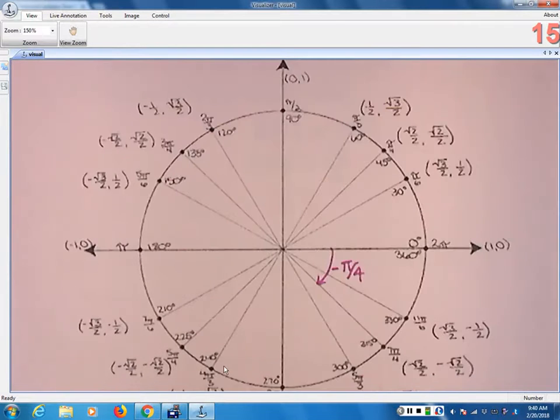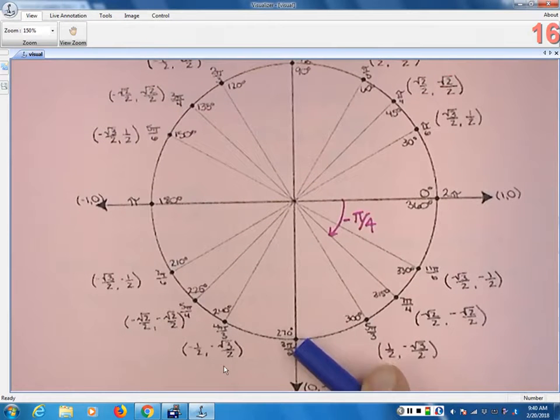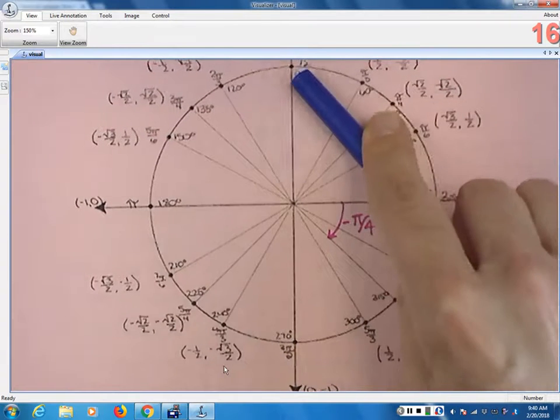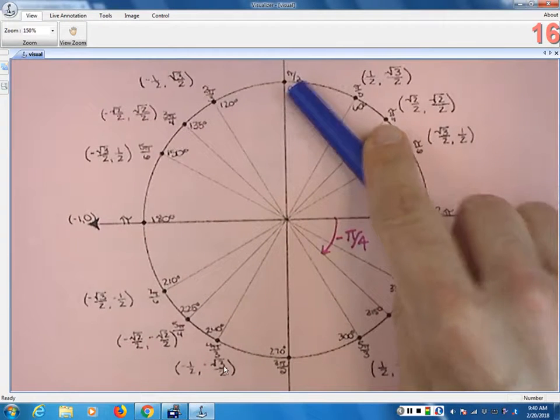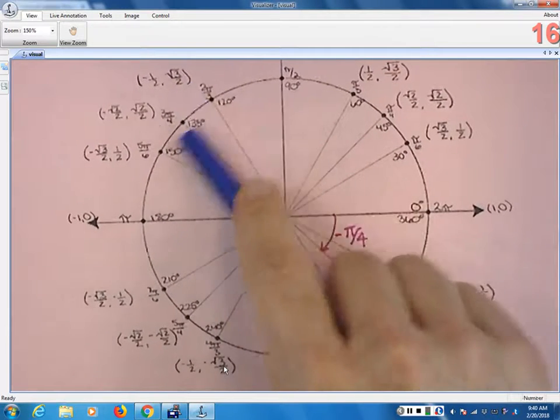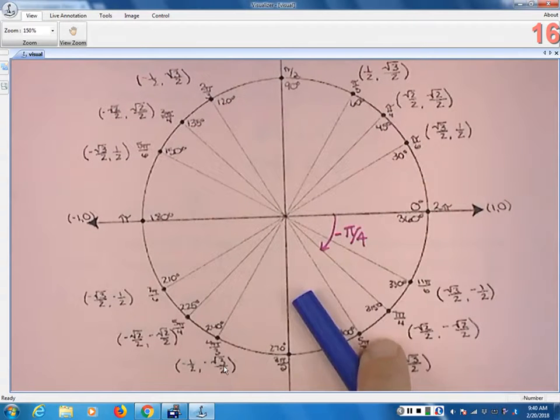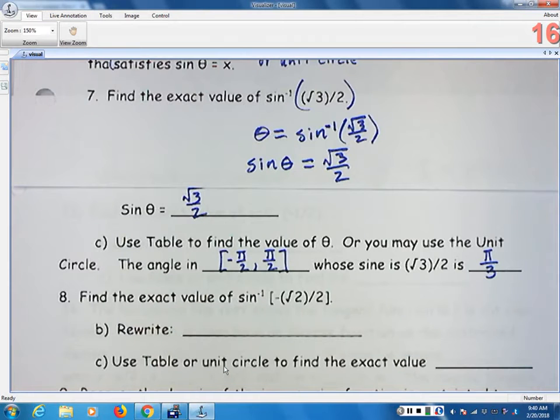Because we've restricted the domain, the angle has to be between minus pi over 2 and pi over 2. That's why it's not over here. It has to be between here and here for sine. So that's why you have to memorize this for sine. Okay.